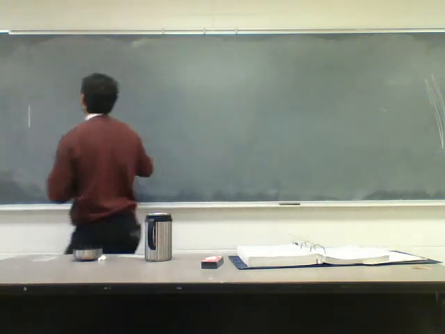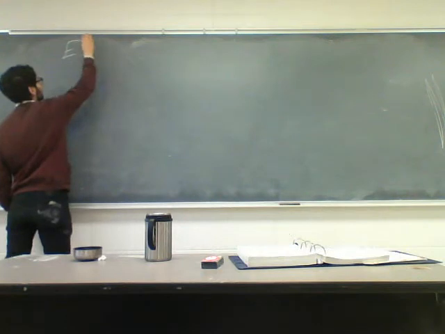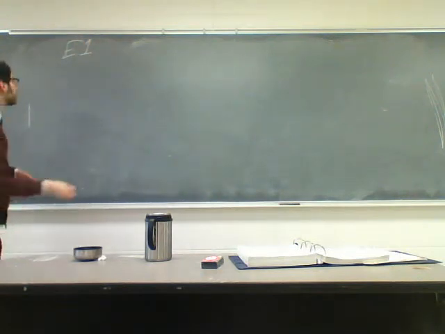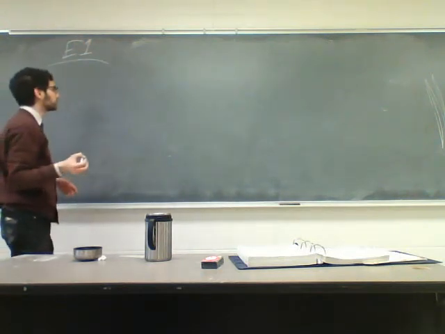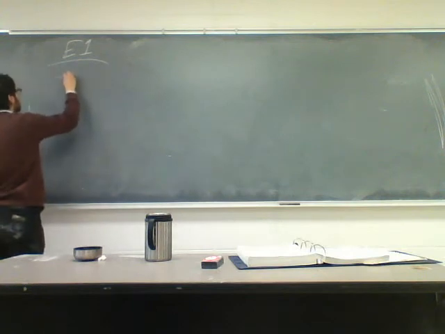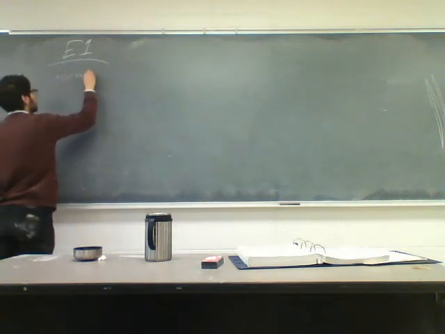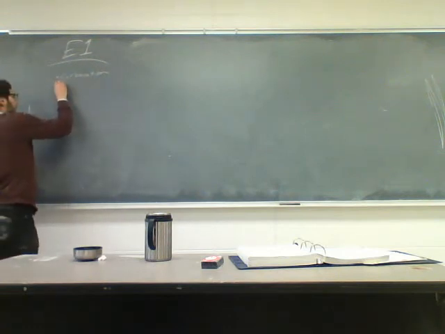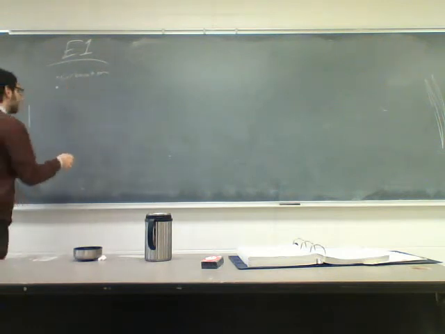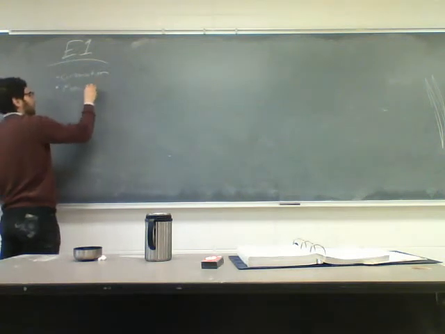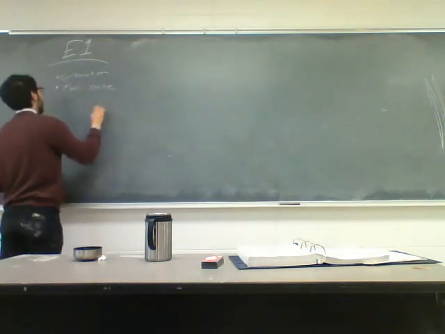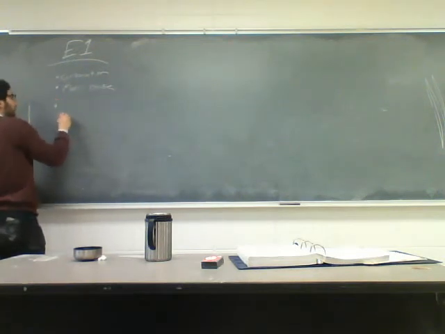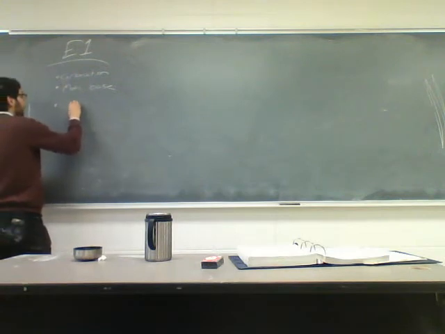So the E1 is going to go through this carbocation intermediate. And that's generally because in the E1 reaction, we don't have such a good base. We've got a weak base.